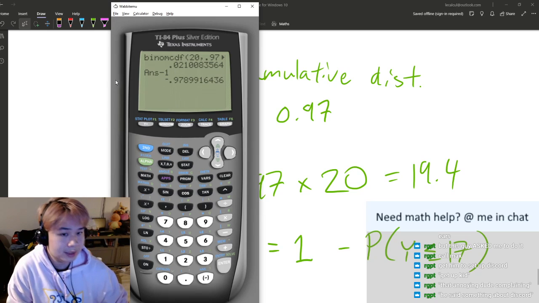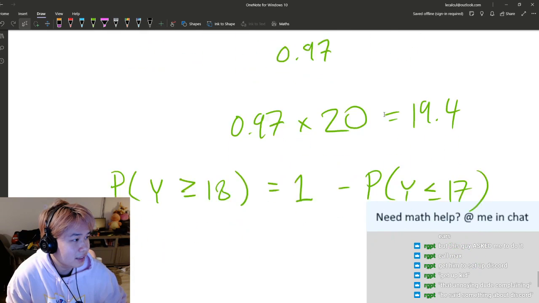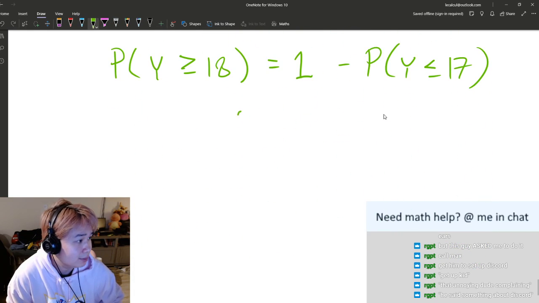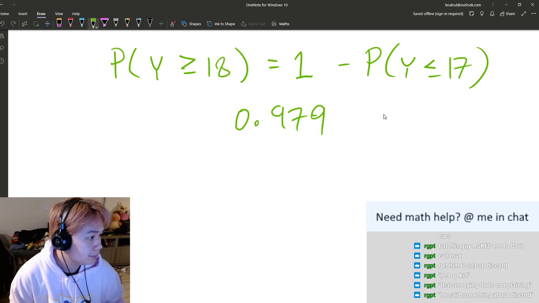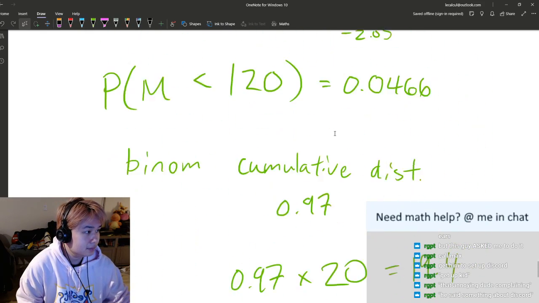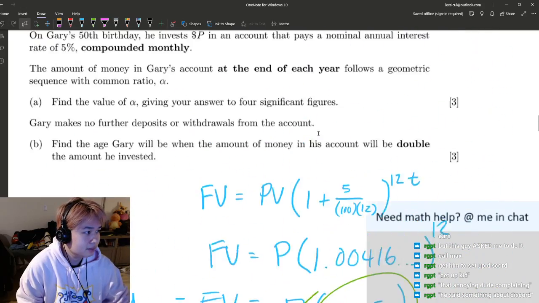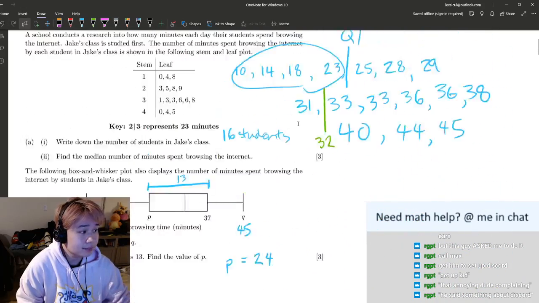Okay, so probability 97.9. These numbers feel off. I probably messed up somewhere, but oh well. And then that is the end of this practice paper.